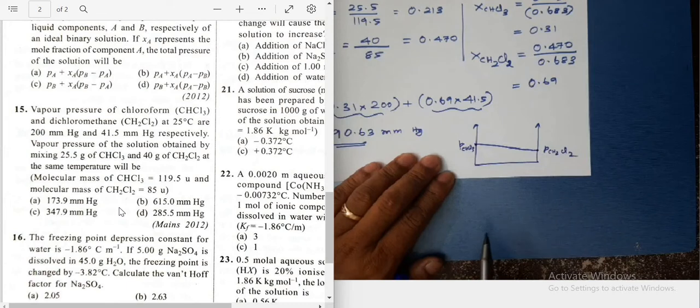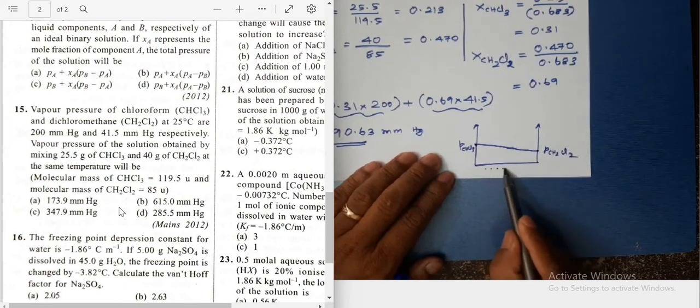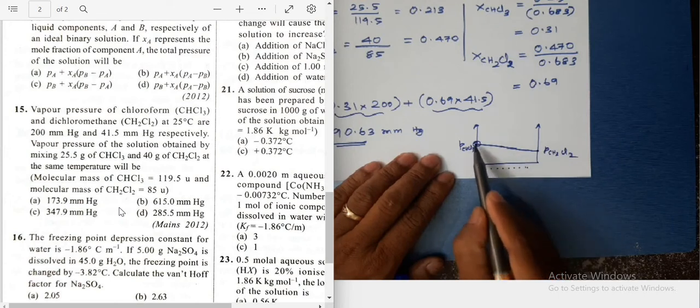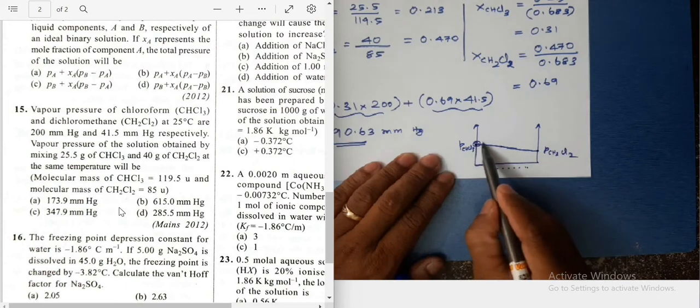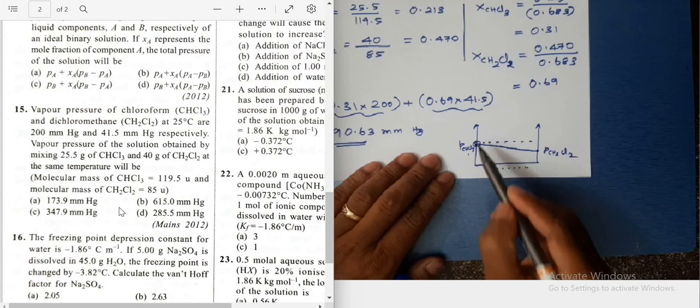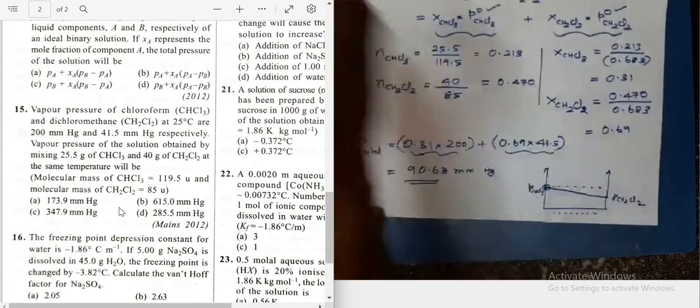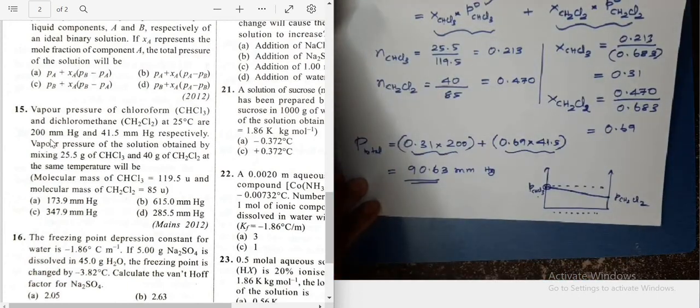So whatever solution you prepare, the total pressure should not exceed this one. Why? Because this is the highest value. The total pressure should not exceed the value of chloroform. The pure vapor pressure of chloroform is 200 only, right? But all these options have values above 200.